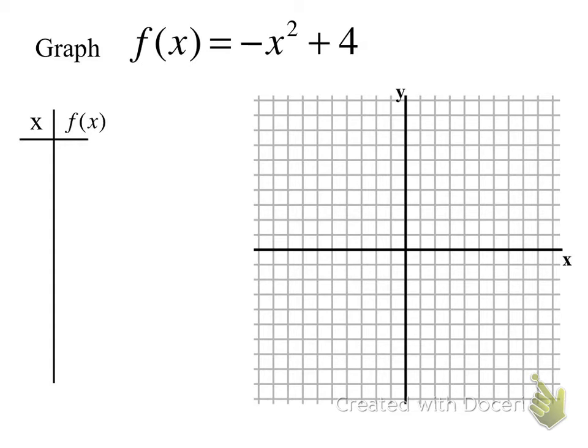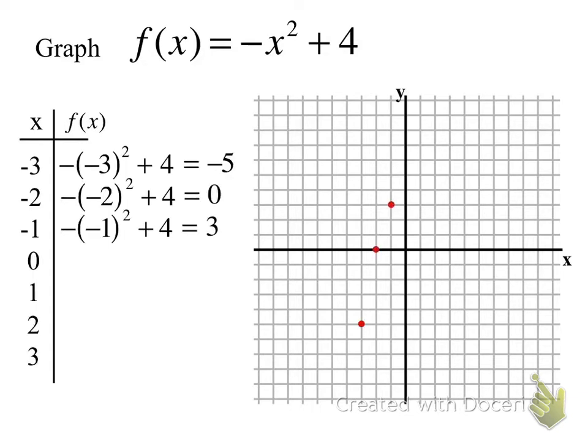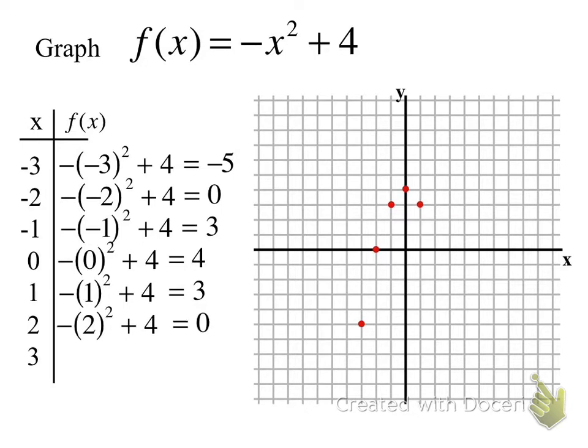Positive 4. Let's see. So I'm going to do all the math and plot the points. Sure enough, it's turned upside down. I don't need to keep doing the math because I have free points. I'm going to do this. And I'm going to go, it's 1, 2, 3, it's 1, 2, 3.